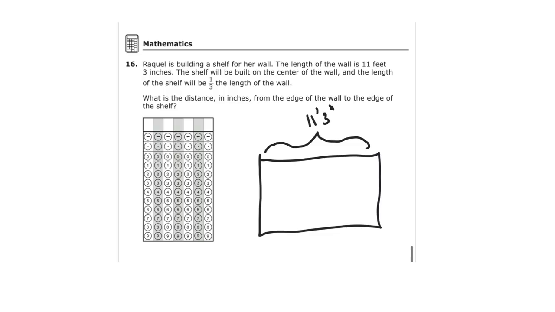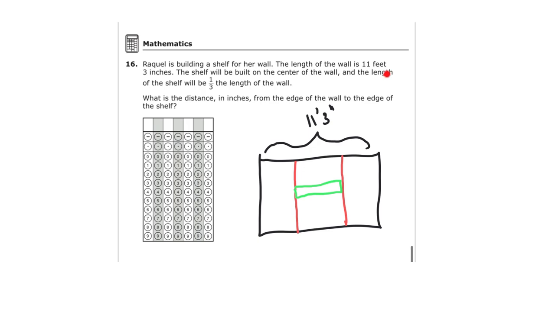Now, it's the case that the shelf will be built in the center of the wall, and the length of the shelf will be 1/3 the length of the wall. So it's almost as though you divided the length of the wall into 3 equal pieces, right? And that shelf would be in the middle piece. Okay, hopefully that makes sense, right?